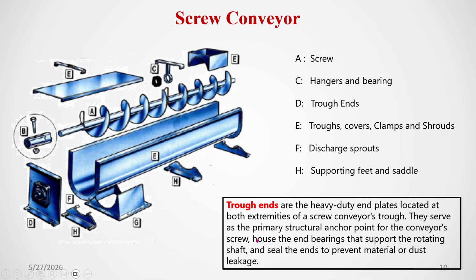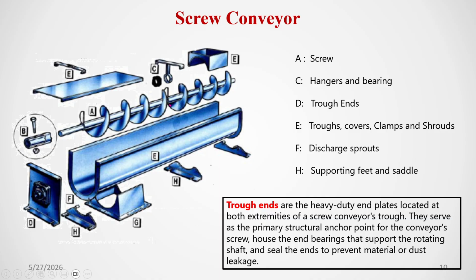They serve as a structural anchor point, a fixed point for the conveyor and the screw, and house the end bearing. You see, it houses the end bearing also. The rods of the screw rest here on the bearing.